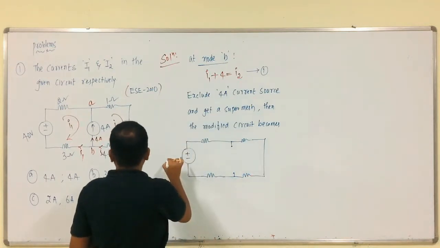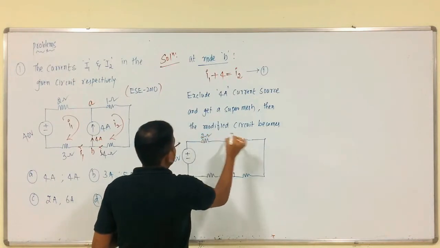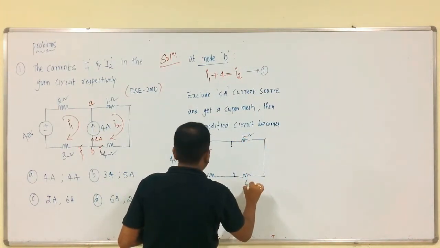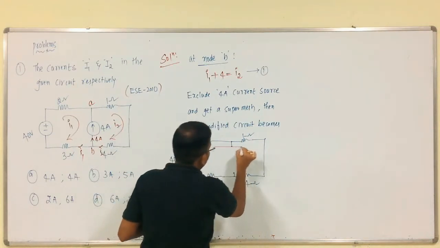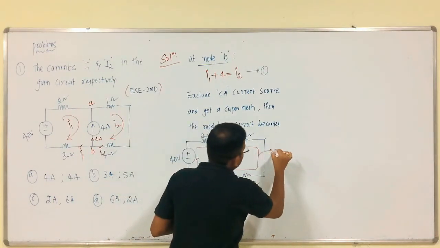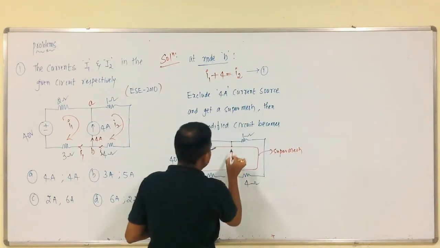This is 40, this is 2, this is 1, this is 3, this is 4. That's it. This is super mesh.